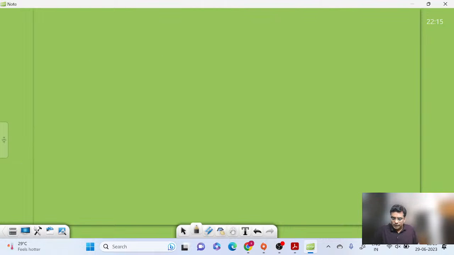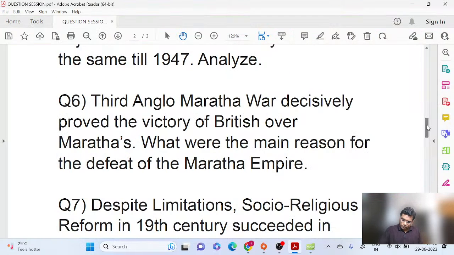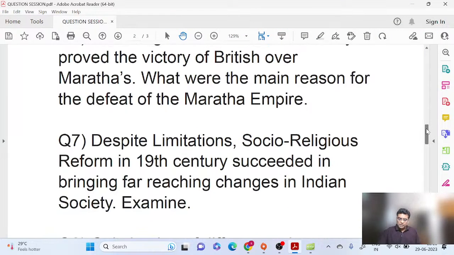Then the next issue, look at the question: despite limitations, socio-religious reform movement in 19th century succeeded in bringing far-reaching changes in Indian society.